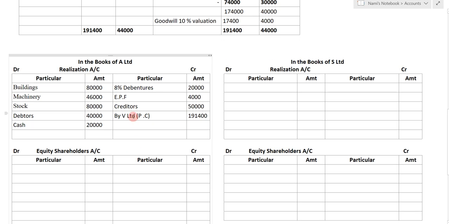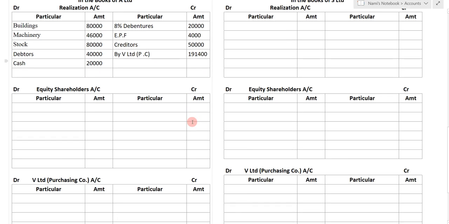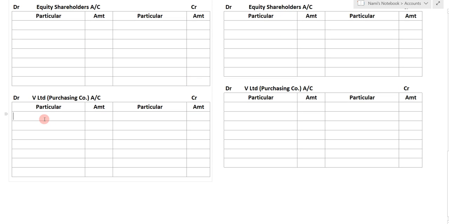The next effect of this purchase consideration of 1,91,400 will be given in the V Limited account: 'To realization', that means purchase consideration, 1,91,400.